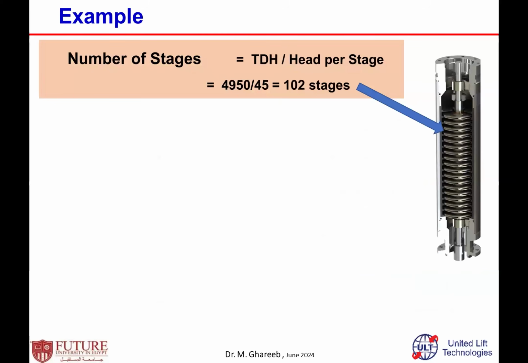The number of stages, as I said, is 4,590 divided by 45, the head per stage, so I need at least 102 stages, and depending on the standard housing for each company and so on, maybe you will not find a housing that exactly accommodates 102.